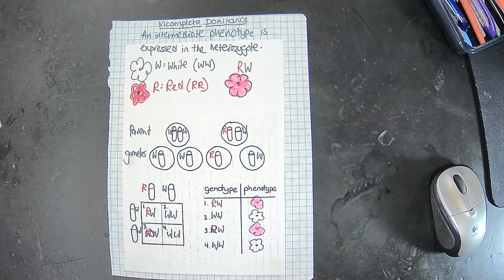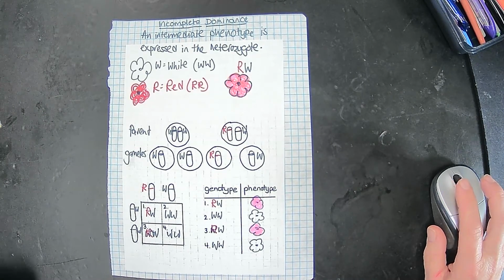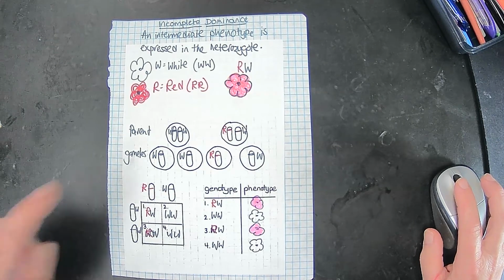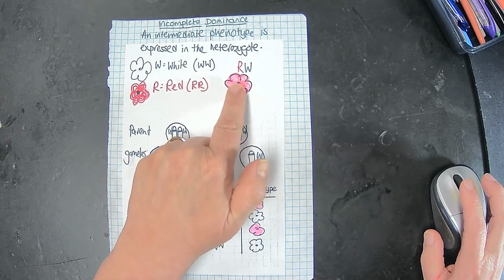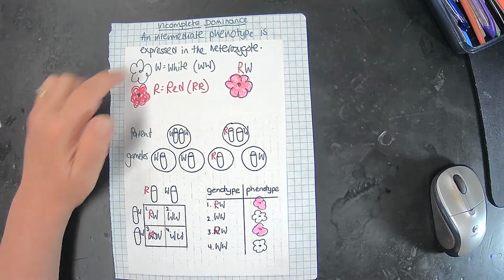What's in between black and white? Some of them are gray. That's incomplete dominance. Pretty straightforward. The only critical thing here is that you remember incomplete, you get a phenotype which is midway in between the two, whereas codominance, you get it where you see both colors.